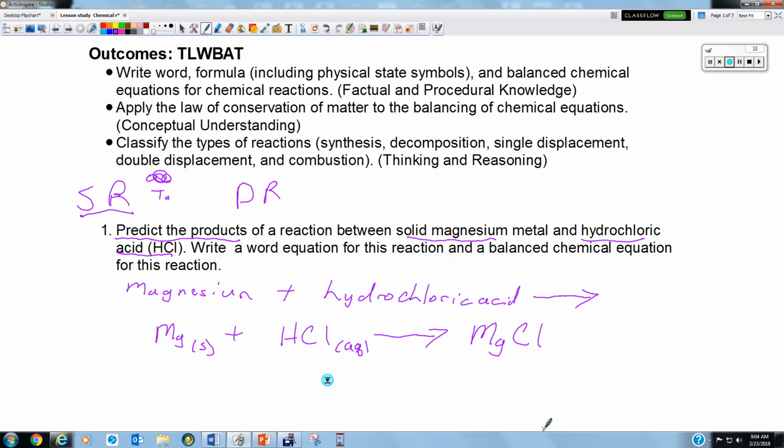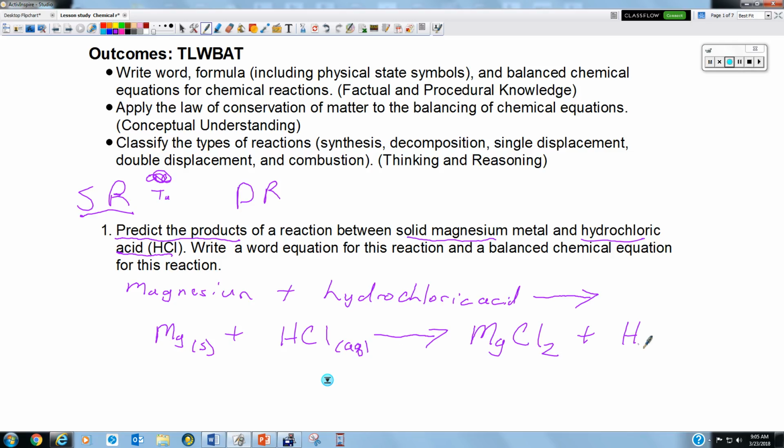Now, what is wrong with my chemical formula for magnesium chloride here? I have to do the crisscross. What charge does magnesium normally have? 2. What charge does chlorine normally have? 1. So where should I put my subscript 2? After chlorine. All right. And then we're going to have hydrogen produced as well. What's wrong with my hydrogen here?